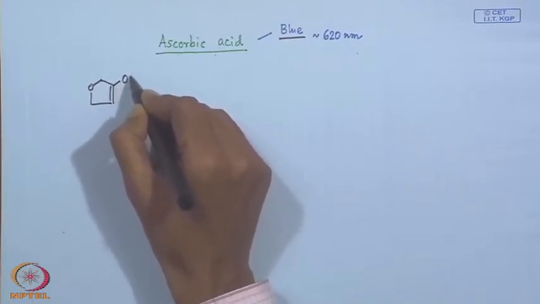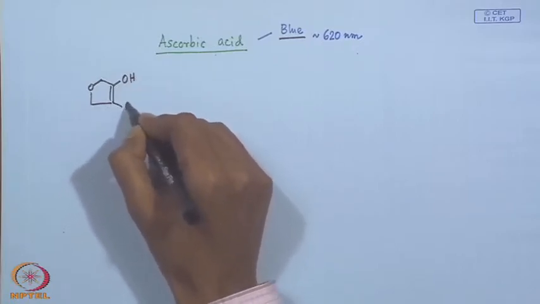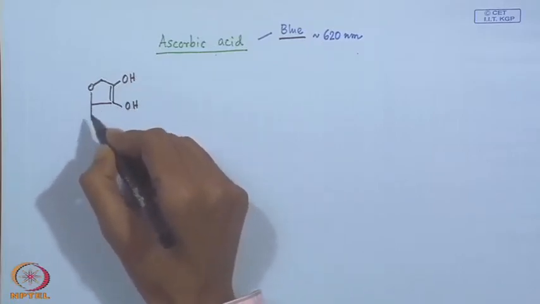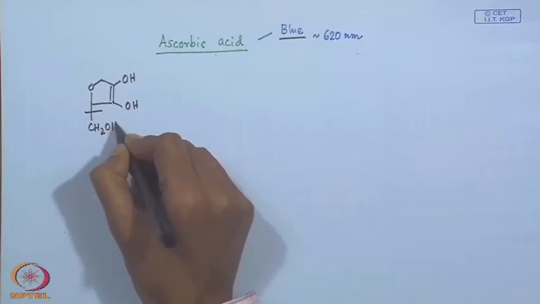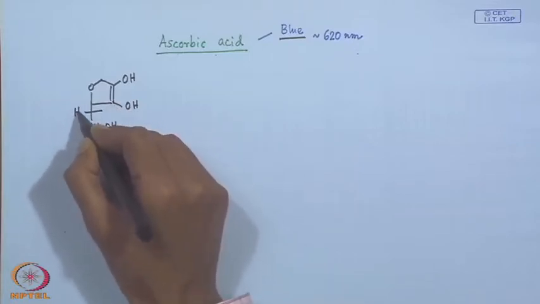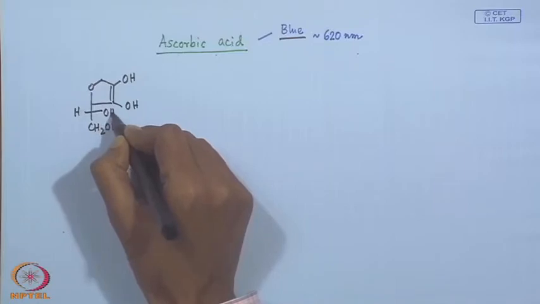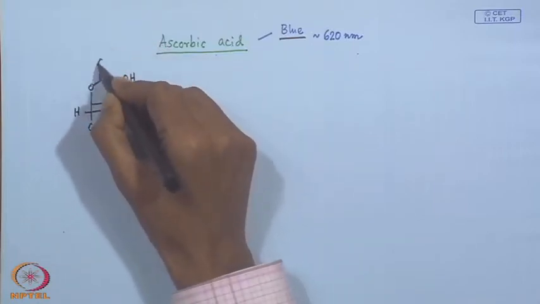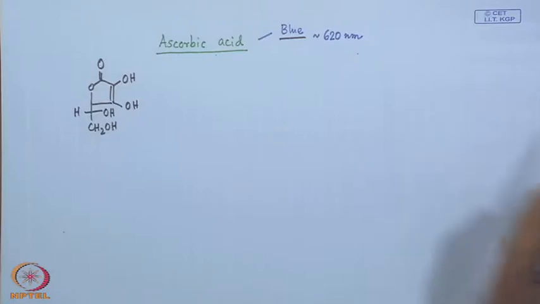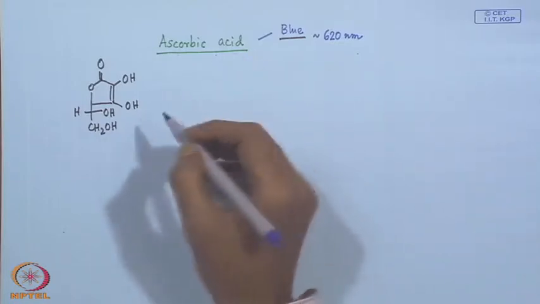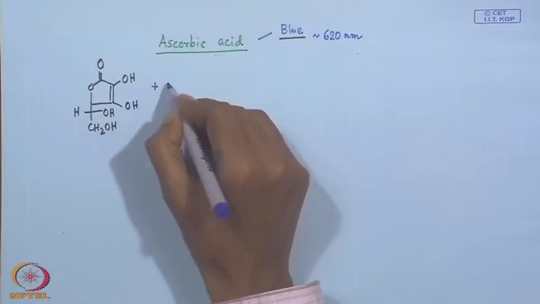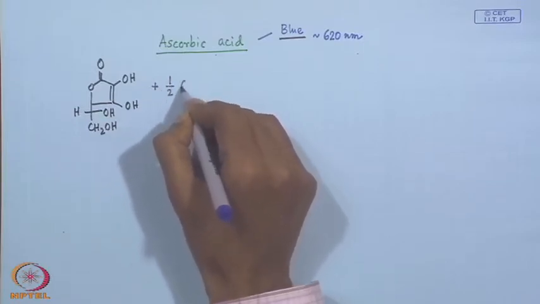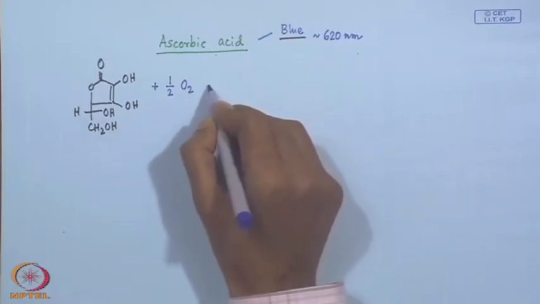So, this is the corresponding oxidation of ascorbic acid. This is our ascorbic acid. You have so many OH groups, and during deprotonation also we should know which particular OH group is getting deprotonated such that it produces the corresponding ascorbate anion, and this reacts with half of this O2 molecule.